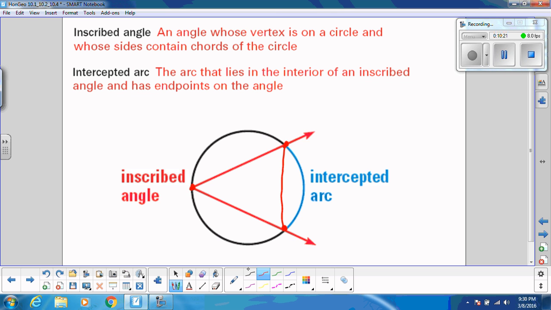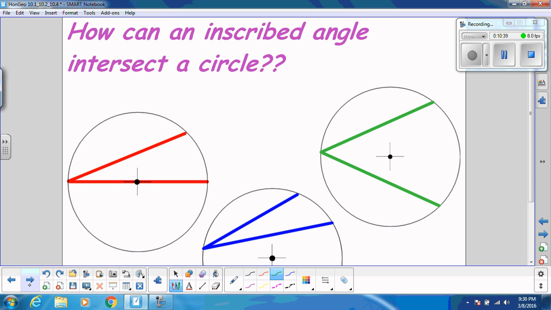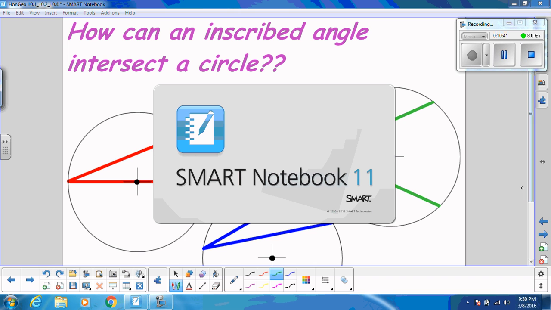A central angle is an angle whose vertex is at the center. Notice that the center of the circle is not drawn, but I drew that in there, and that would be a central angle, that green one. So green is central, red is inscribed. Here are some different versions of inscribed angles.